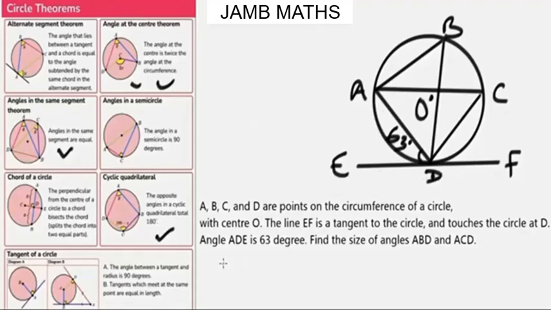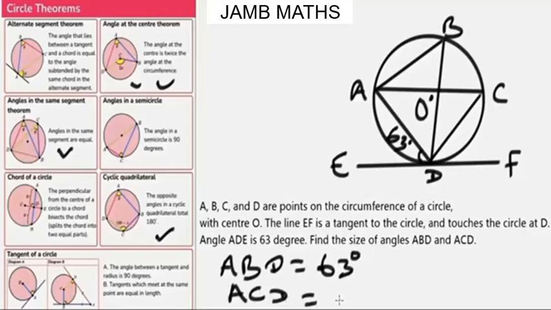That means our angle ABD will also be 63 degrees, and our angle ACD will also be 63 degrees. Reason is that angles in the same segments are equal.